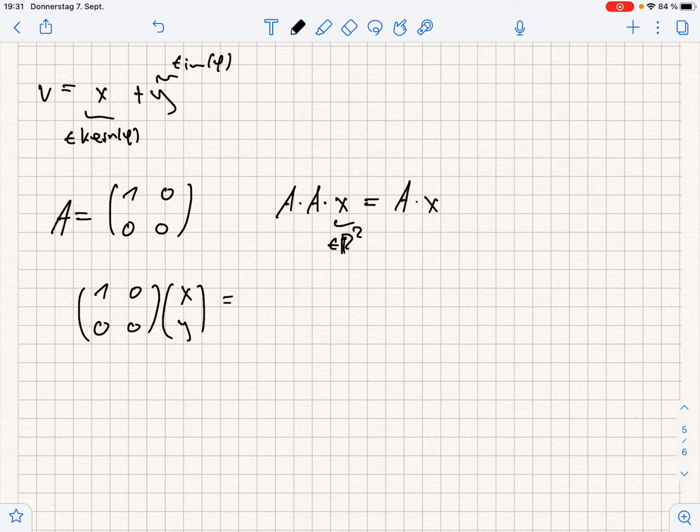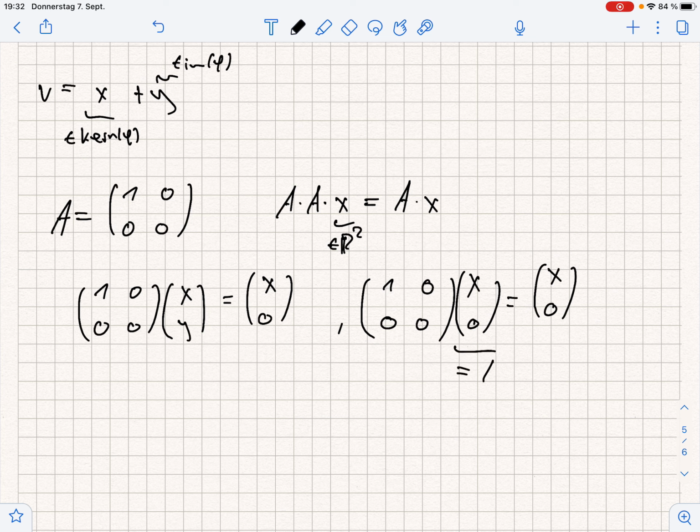Then A times it is simply (x, 0), right? And if you now again apply the matrix A, then you'll see that this is equal to (x, 0). Okay, and this is A times (x, y), right? So as you can see, there are indeed linear functions represented by the matrix A which fulfill this property, and for these functions the kernel and image are complementary spaces.